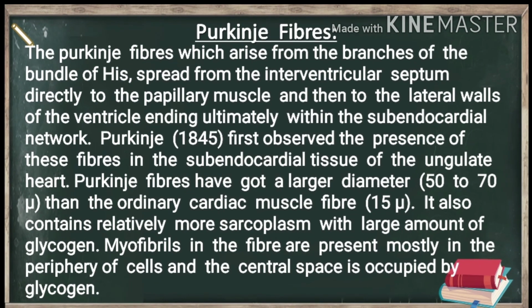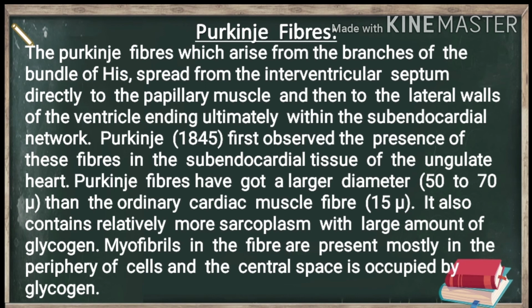Next, the Purkinje fiber. The Purkinje fibers, which arise from the branches of the bundle of His, spread from the interventricular septum directly to the papillary muscle and then to the lateral wall of the ventricles, ending ultimately within the subendocardial network.